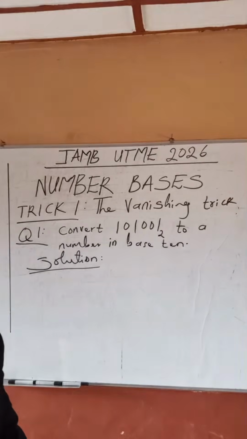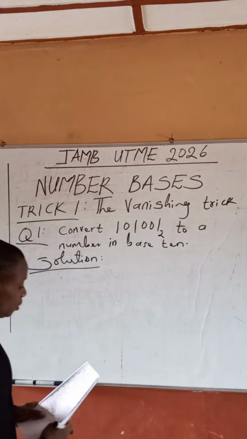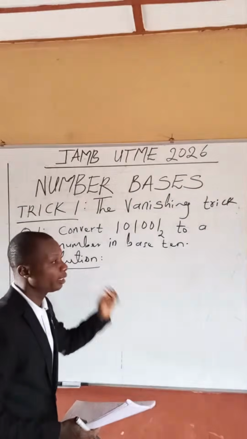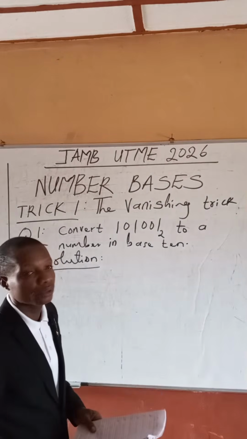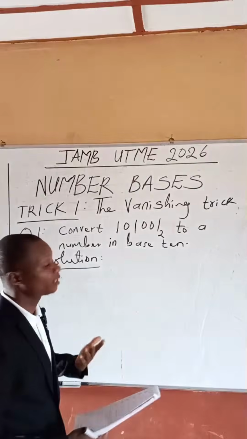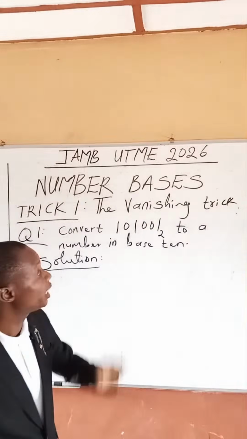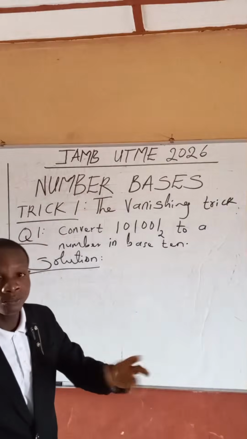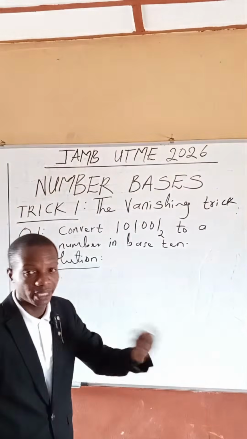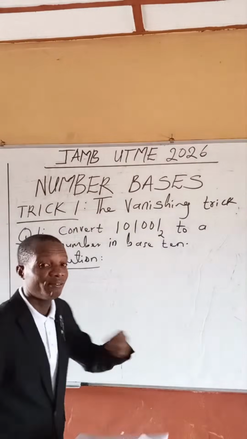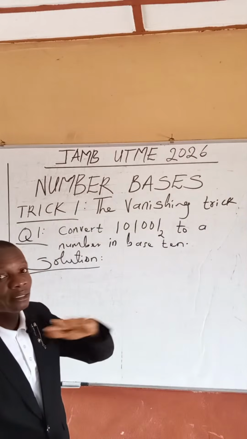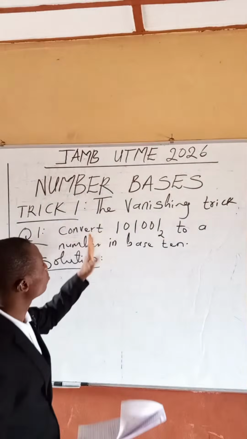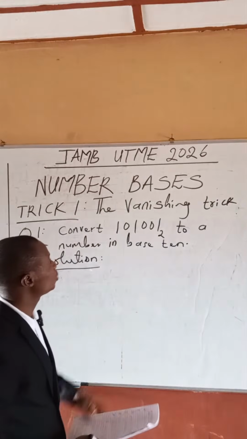Our hope is to ensure that every student does extremely well in the forthcoming examination. That is why we have come in this method, to teach everybody and expose the weakness of JAMB to you, so that you can take advantage of that to succeed in a flying manner.